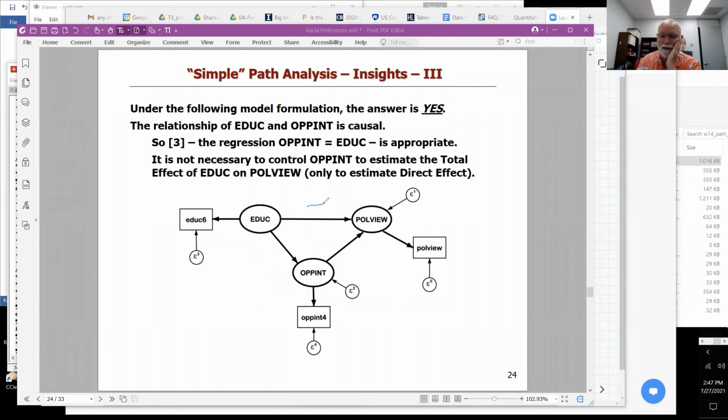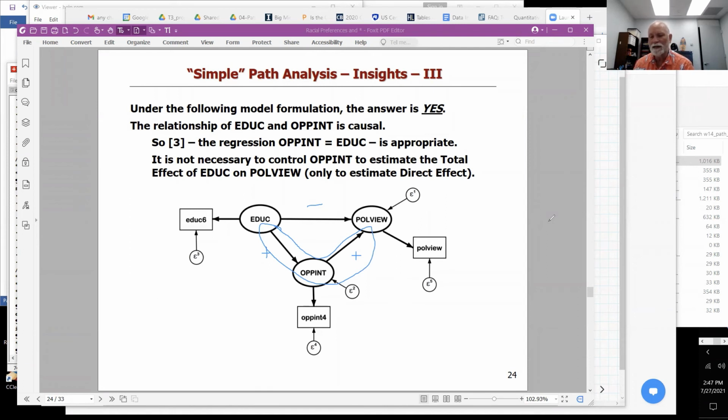So let's say that the direct effect is negative, and these two effects are positive. The indirect effect through the combined pathway is positive, and it could offset this effect. If that's true in a policy analysis and you ran a single equation model, you would be thinking that the effect of education is going to have a negative impact.